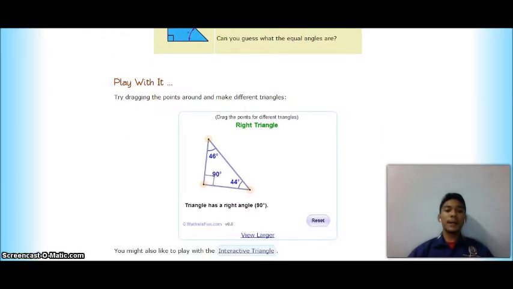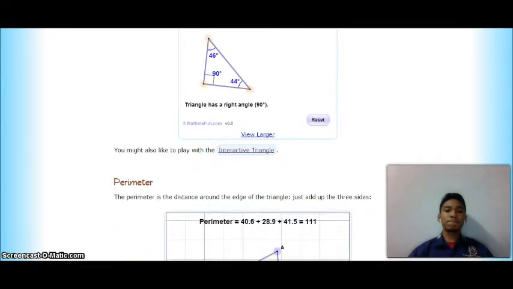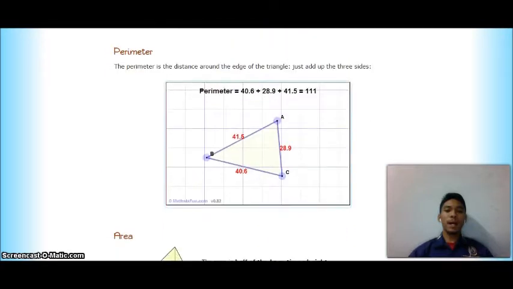So next, I will teach you how to calculate the perimeter of a triangle. What is perimeter? The perimeter is the distance around the edge of the triangle, which means that you just have to add up the three sides.